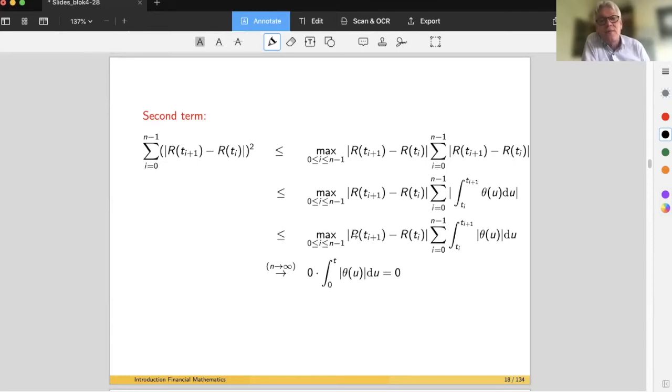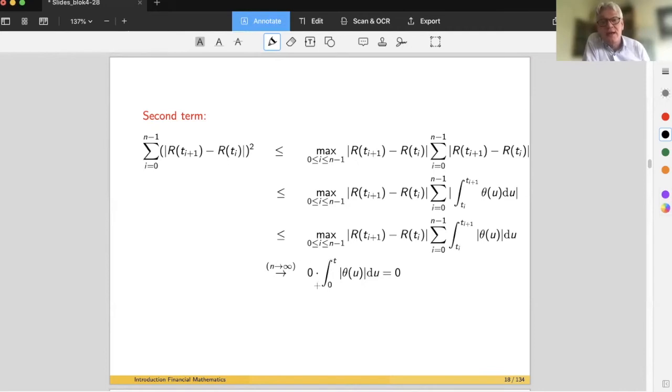The maximum of these distances r ti plus 1 minus r ti in absolute value, times the sum, i runs from 0 to n minus 1, the integral from ti to ti plus 1 of the absolute value of theta u du. Now this sum of these thetas, that is our definition when the mesh width goes to 0, when n goes to infinity.